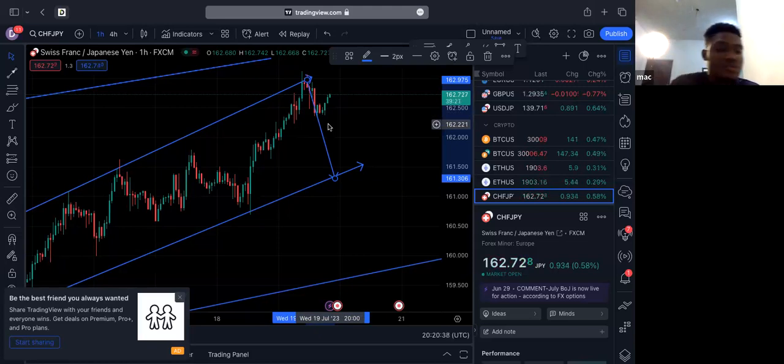It bought, which is fine. But anybody would have said it would have sold, right? Because you can see the uptrends and downtrends. But let's look at it from a fair value gap point of view.